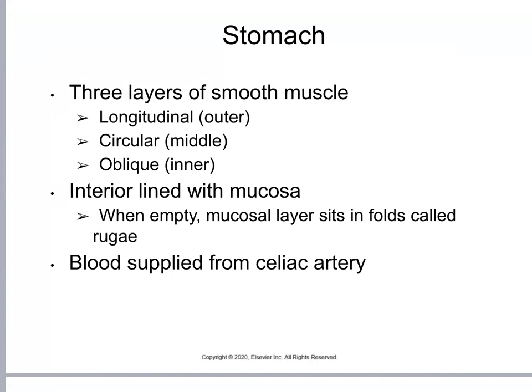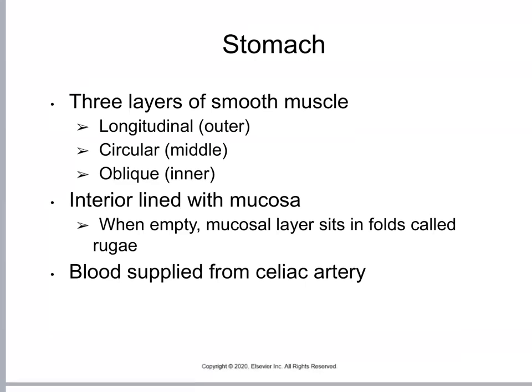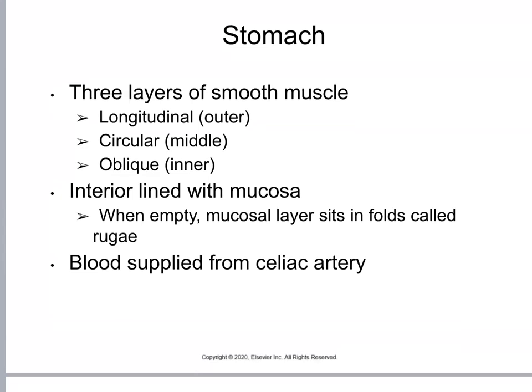We have the longitudinal outer layer, the circular middle layer, and the oblique inner layer. The interior is lined with mucosa, and that is very protective because, like I said, it is very acidic in the stomach. When the stomach is empty, that mucosal layer will be in folds called rugae.